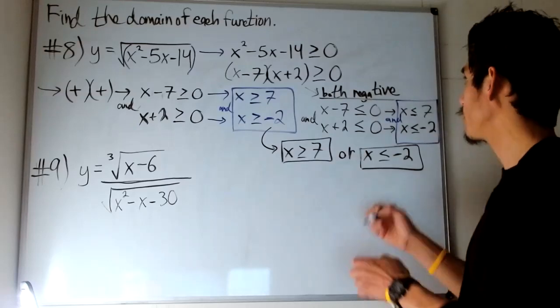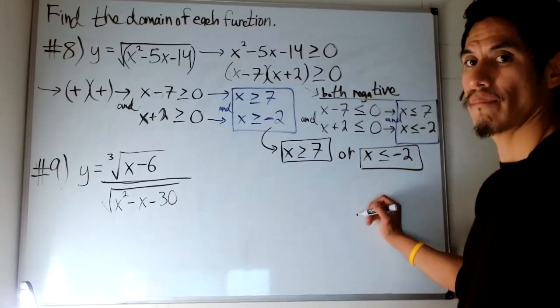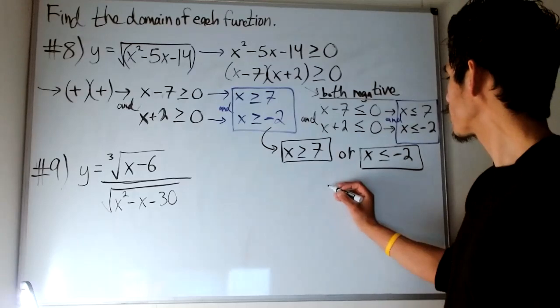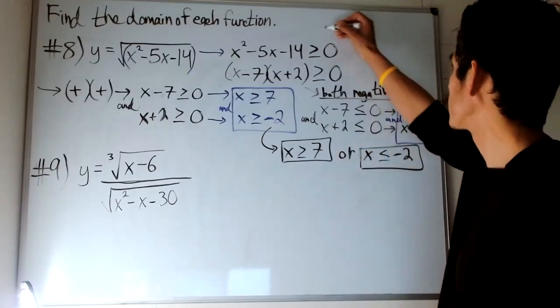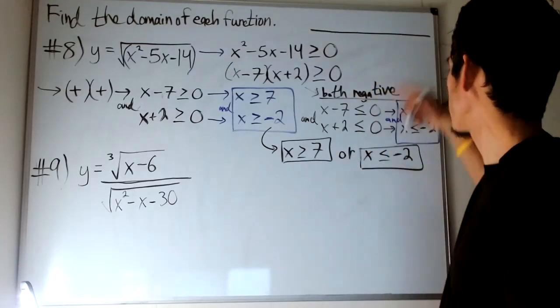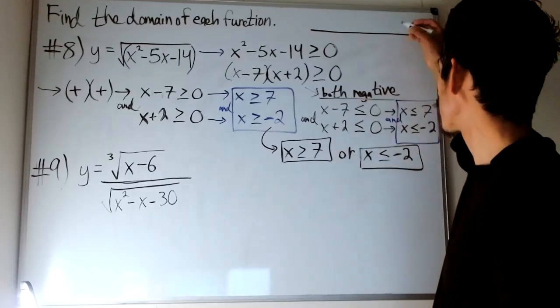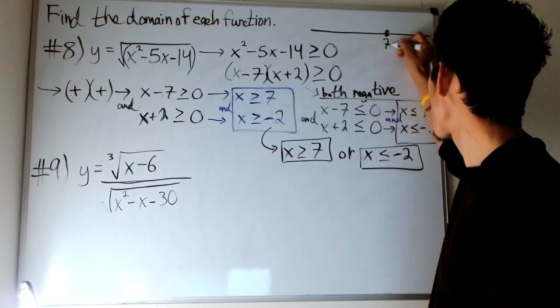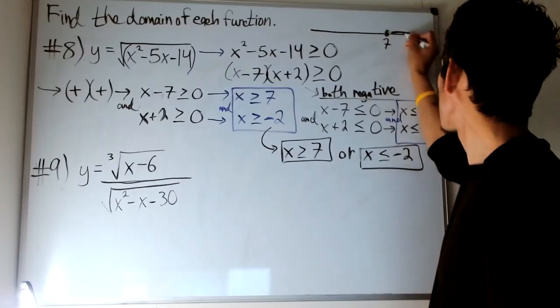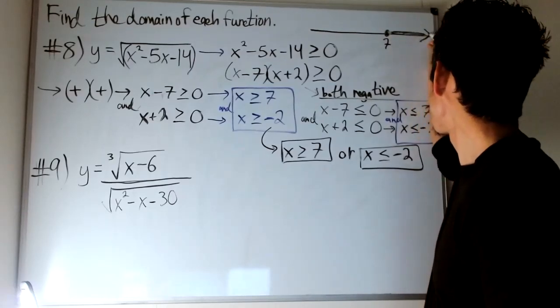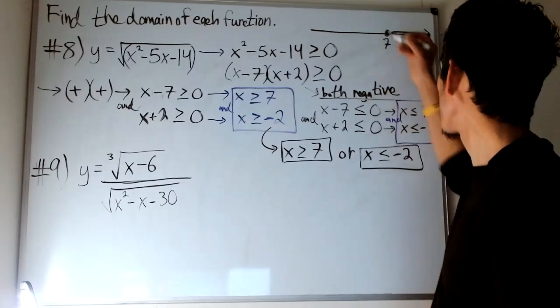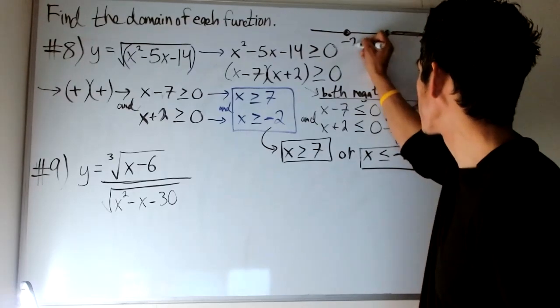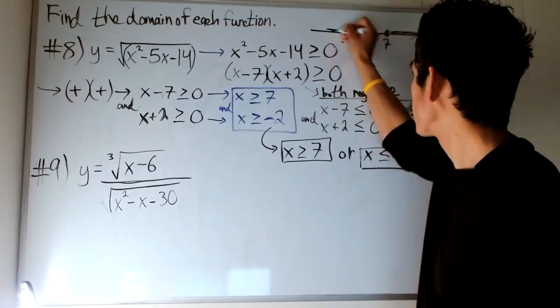So let's see what I mean. Actually, let me put it up here so I can save some space for the next problem. X is greater than or equal to 7, so 7 over here, 0 to the right. And then negative 2 over here, 0 to the left.